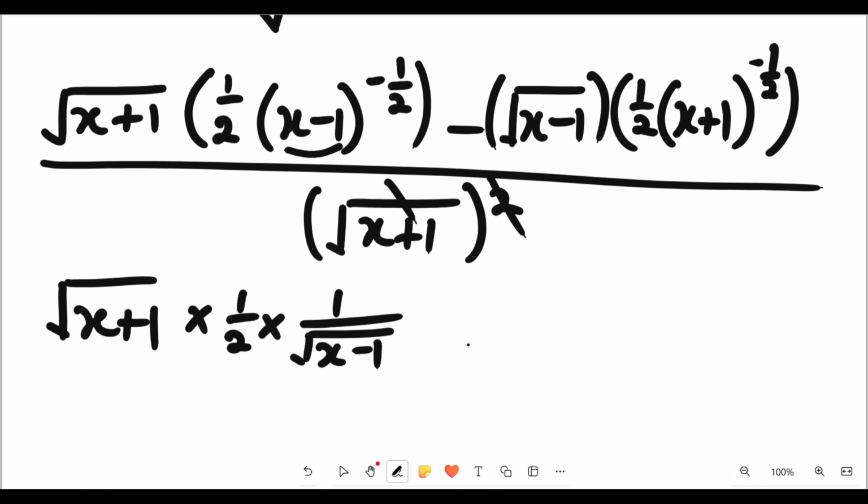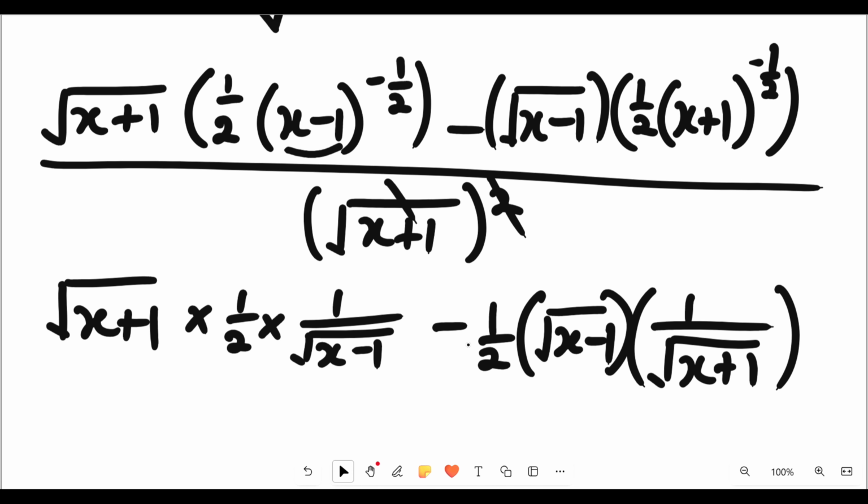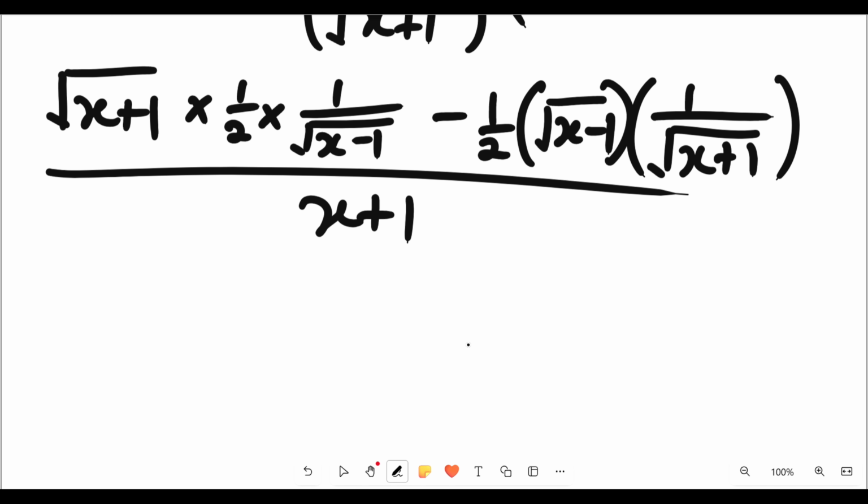Then here we are going to get minus, and we can bring our half out. So we have half times the square root of x minus 1, and we can rewrite this one as 1 over the square root of x plus 1. Then everything will be divided by x plus 1. Okay. Now let us continue to simplify the numerator.